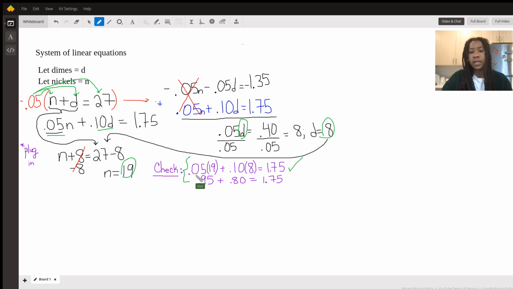That's how we get 0.05 times 19 plus 0.10 times 8 equals 1.75. Then you do the math: 0.05 times 19 is 95 cents, or 0.95, plus 80 cents, or 0.80, equals 1.75. So we know that our values for D and N are correct because they worked correctly in both equations. So I hope this helps.